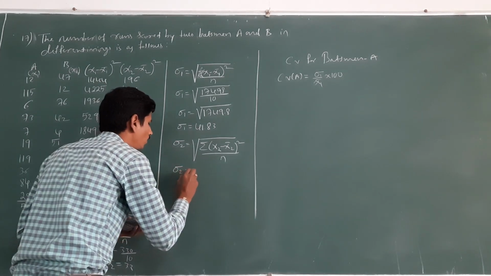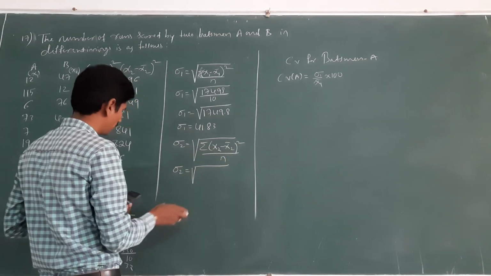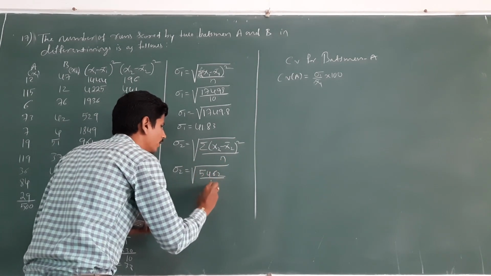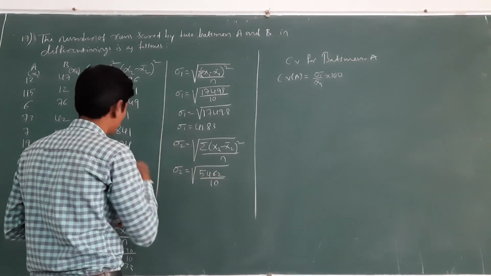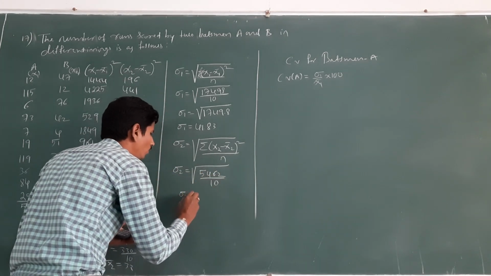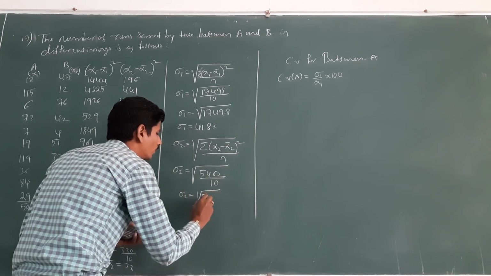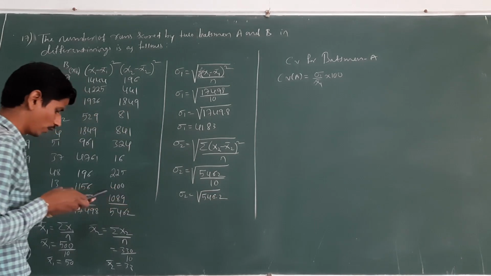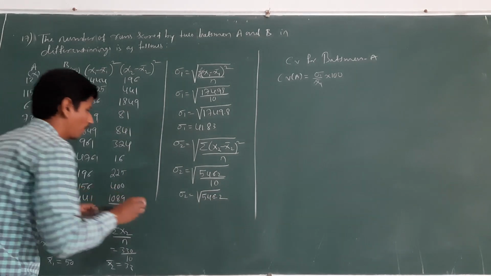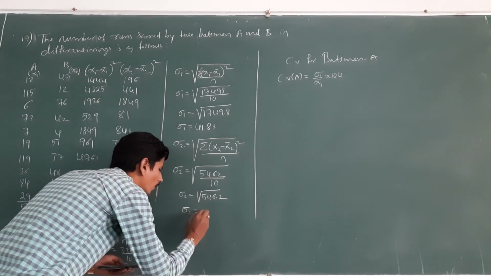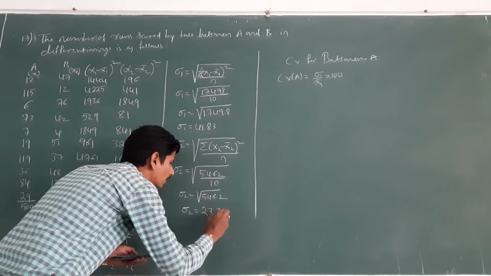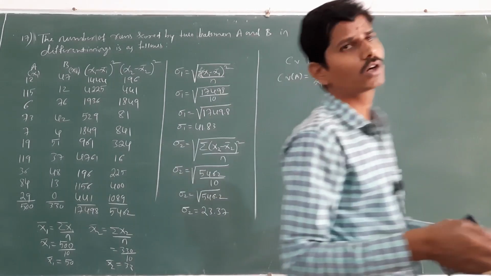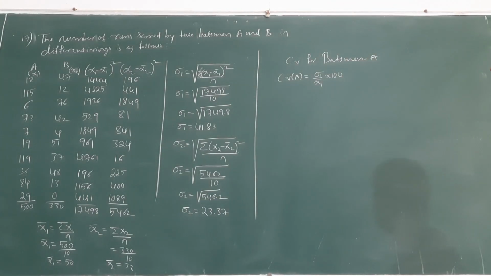Sigma 2 equal to under root of 5462 divided by n2, that is n value is 10. That is 546.2, and under root is 23.37. Sigma 2 equal to 23.37.